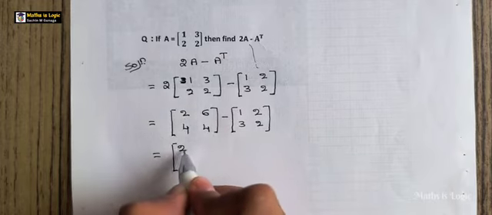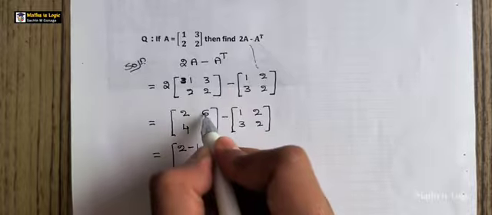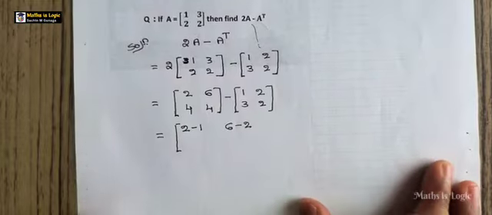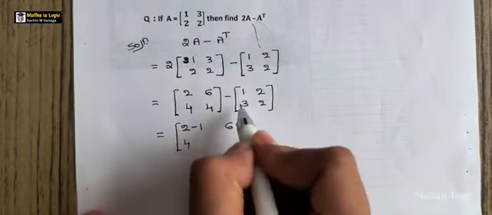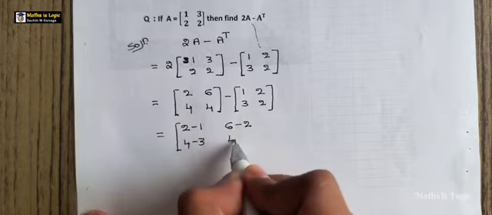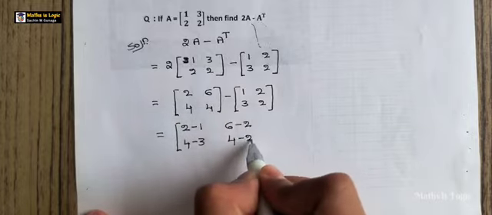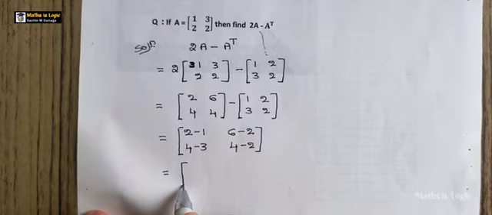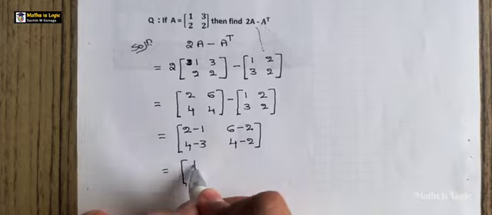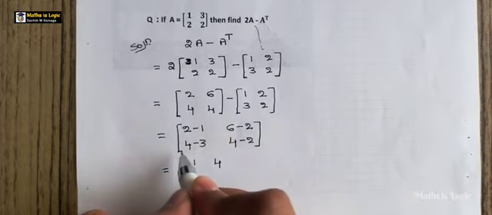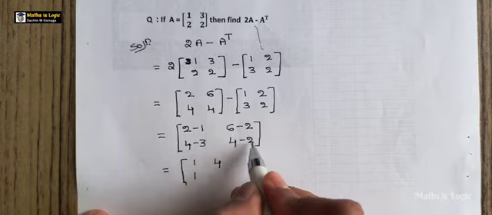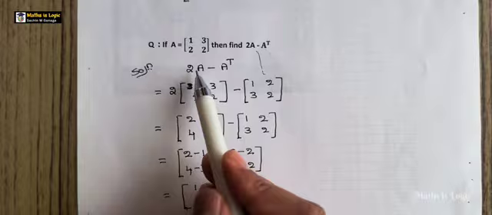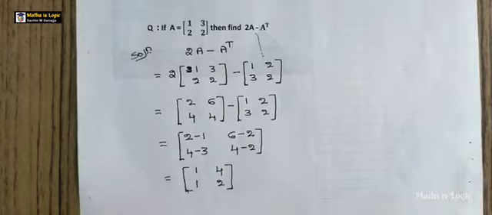Therefore 2 minus 1, 6 minus 2, 4 minus 3, 4 minus 2. Now use the calculator. Therefore the final answer is 2 minus 1 is 1, 6 minus 2 is 4, 4 minus 3 is 1, 4 minus 2 is 2. So this is the value of 2A minus A transpose.